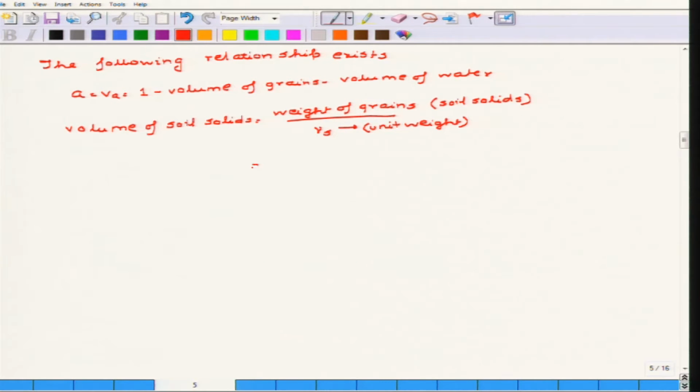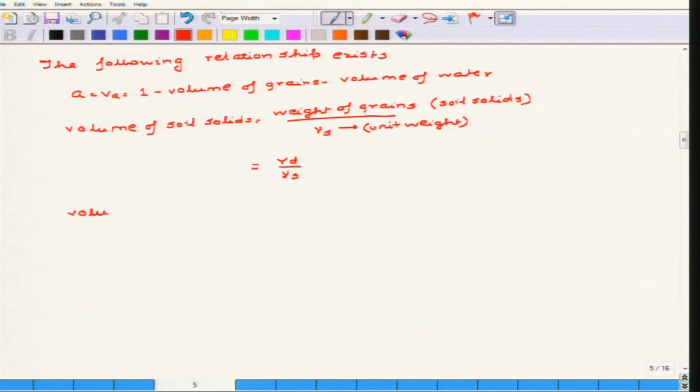Now, the weight of the soil solids or the weight of the soil grains can again be written in the form of gamma d by gamma s, because gamma d is the dry density of the soil mass, which basically consists of only the soil grains and nothing else except air.